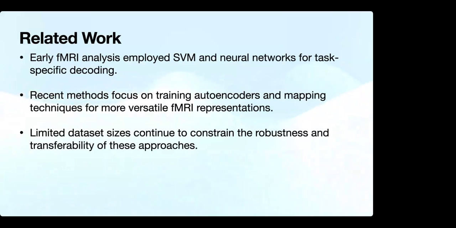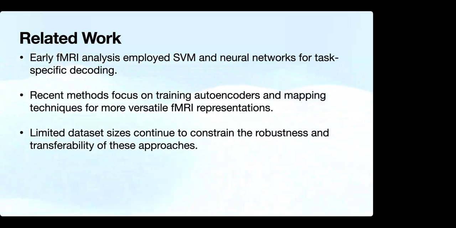So some of the related work that's been done on this problem is that early fMRI analysis was using SVM and neural networks. These models can sometimes be pretty slow, especially SVM in high dimensional problem spaces. However, a lot of people have been using autoencoders and other mapping techniques for understanding the spatiotemporal relationships in fMRI data.